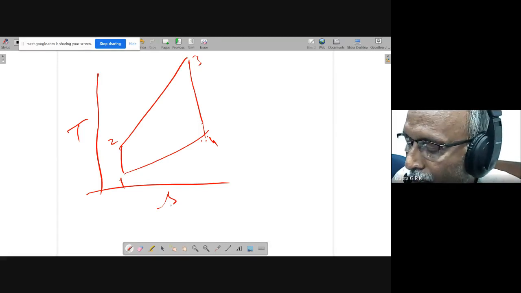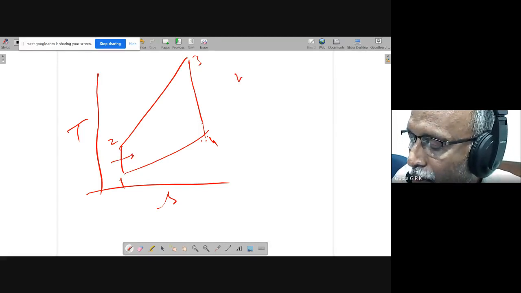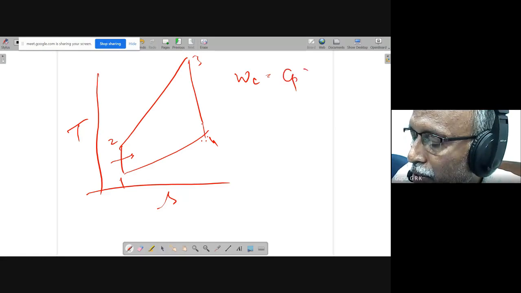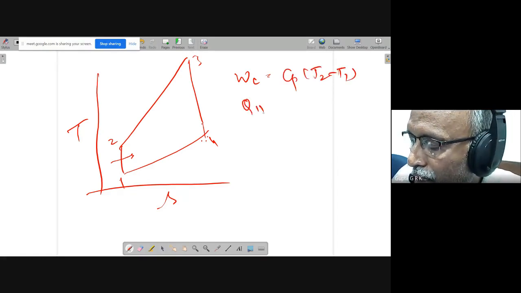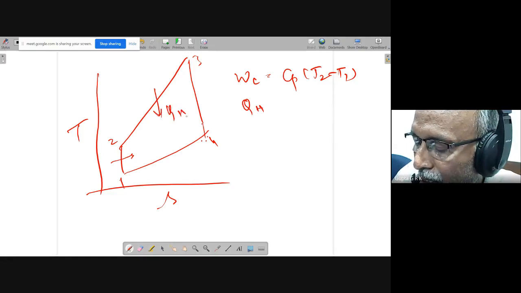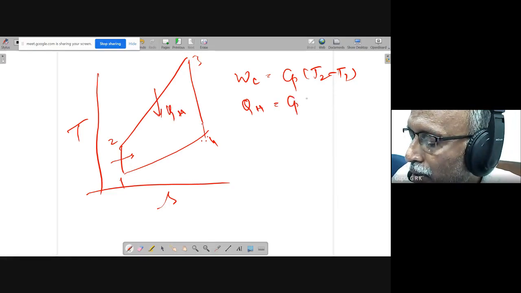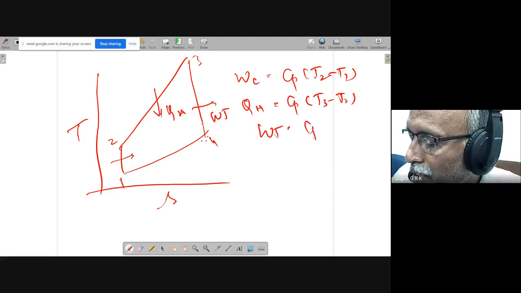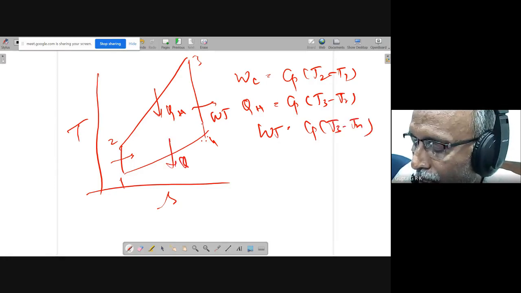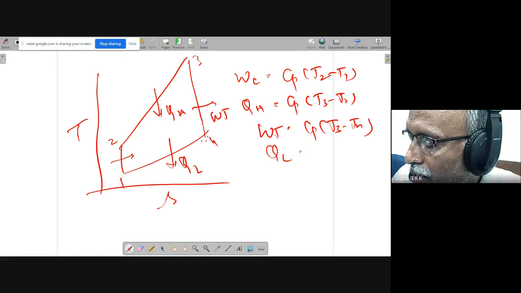Okay, and so here Wc is equal to Cp into T2 minus T1, and QH, or heat added, is equal to Cp into T3 minus T2, and Wt is equal to Cp into T3 minus T4, and QL is equal to Cp into T4 minus T1.